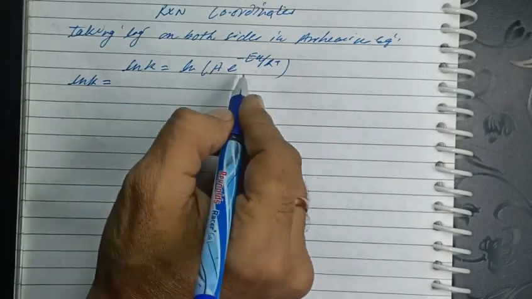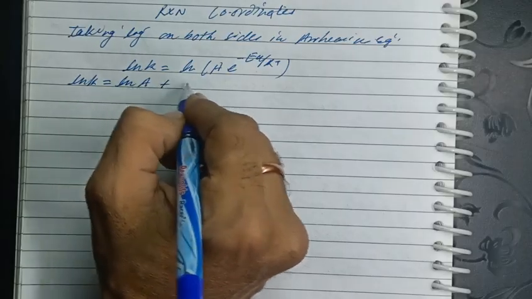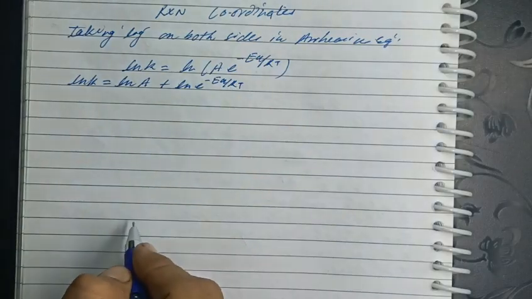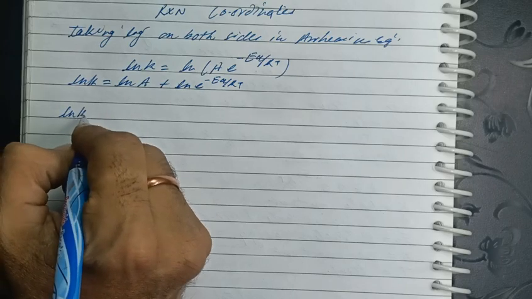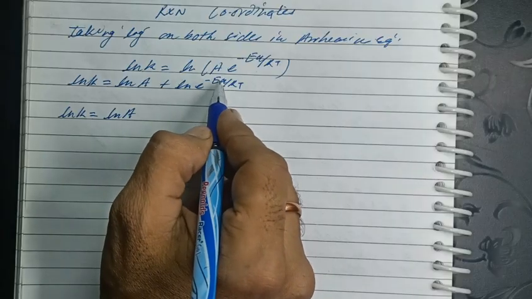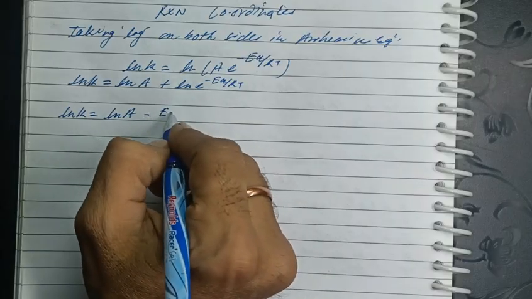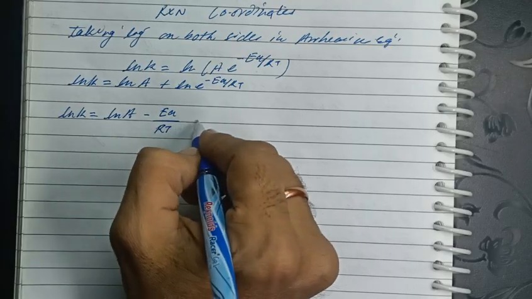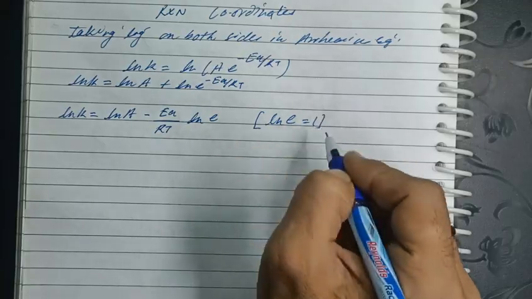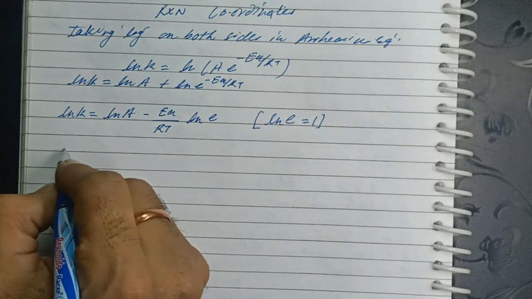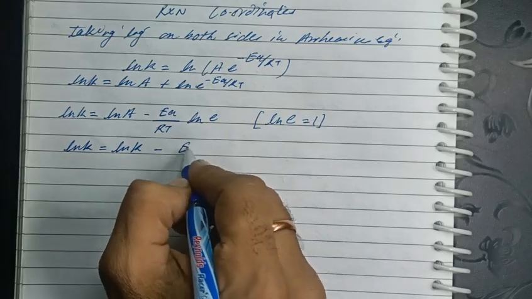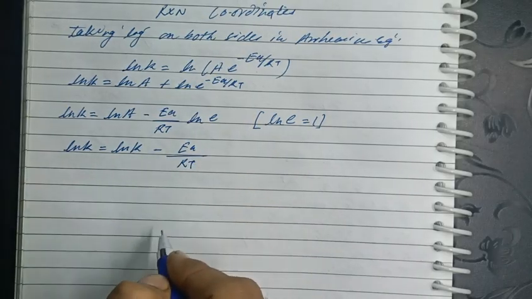Log of a into b is log a plus log b. Log natural k is equal to log natural A. Log a power x is x log a. Therefore, it becomes minus Ea upon RT log natural e. And we know that log natural e is 1. Now it becomes log natural k is equal to log natural A minus Ea upon RT.